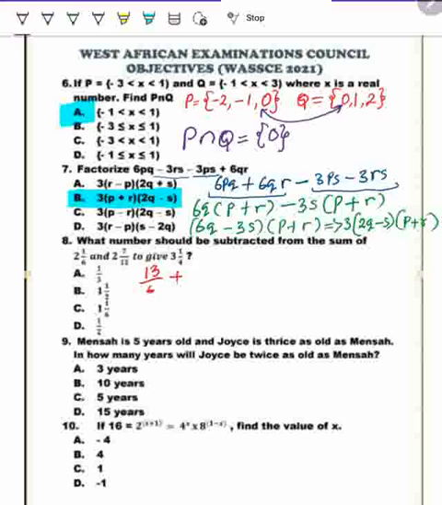We're going to have 31/12. And then minus 3 times 4, 12, plus 1, we're going to have 13/4. So this is going to give us, the LCM is 12.